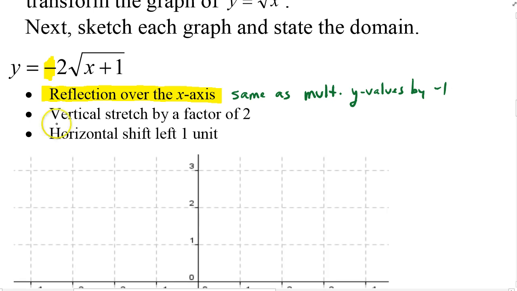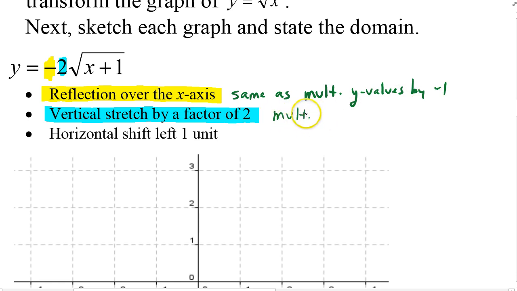The second thing that happens is there's going to be a vertical stretch by a factor of 2. So here I go, change my highlighter color. So this 2 here, that causes the vertical stretch by a factor of 2. So what that means is that we are not just going to be multiplying the y values by -1, we are actually going to be multiplying.